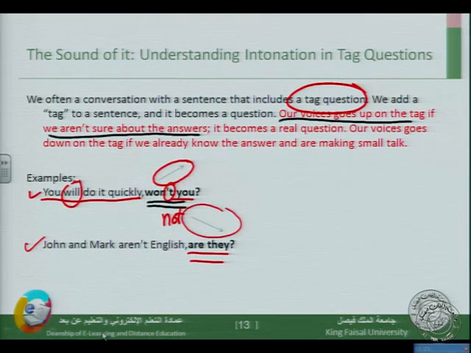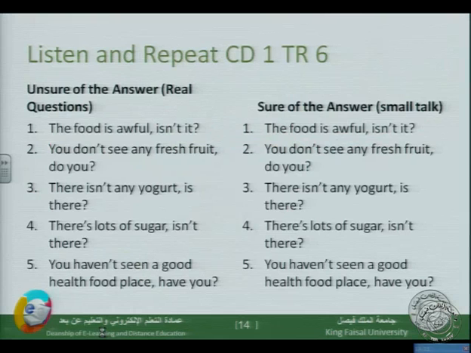It was falling down here. It goes down. So the answer, I know the answer because they are not English. And see, here it is negative, there is not. In the tag question, it should be positive. It should be positive without not. Okay.